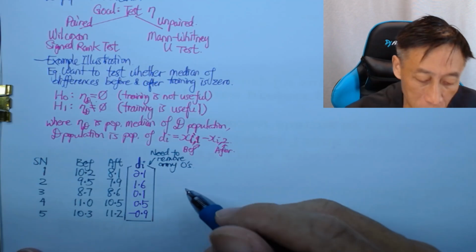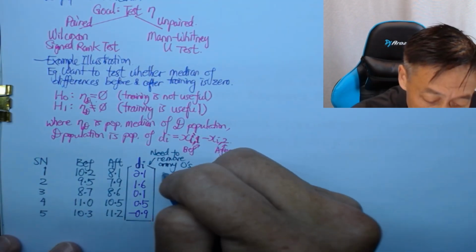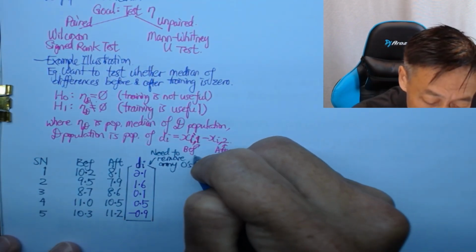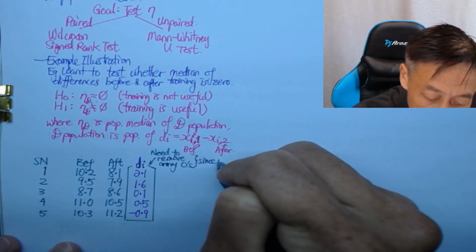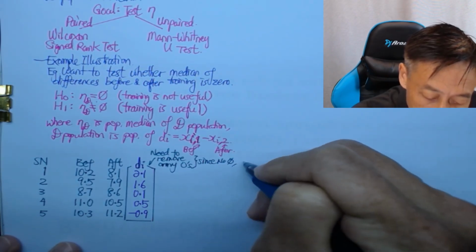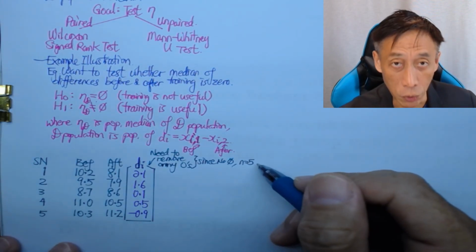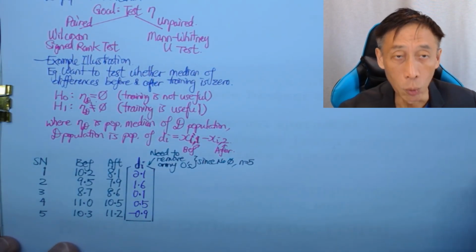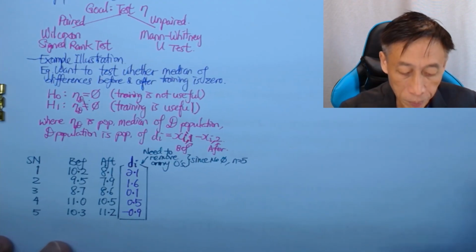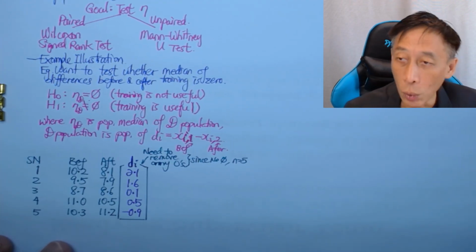So for now, since there is no zero, our sample size n equals 5. If there is one zero, n equals 4, as in the previous one population median test example.